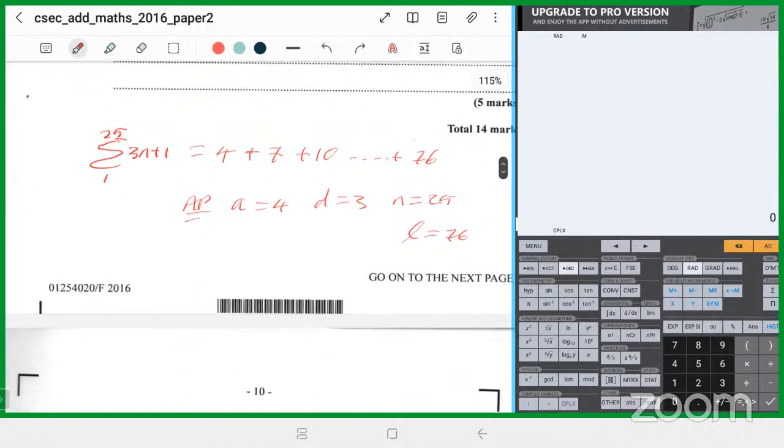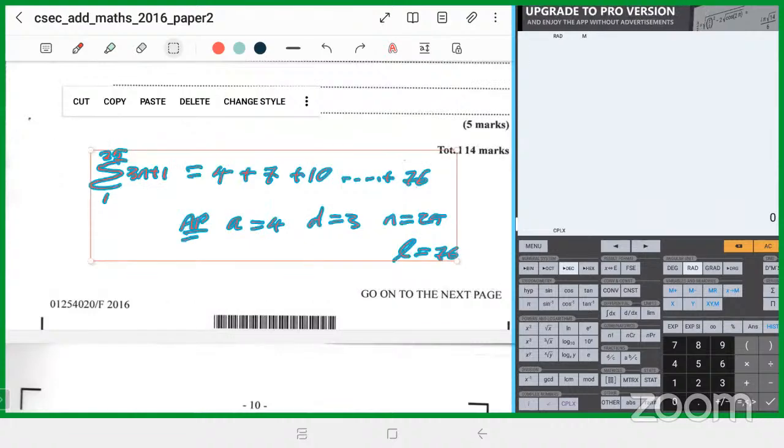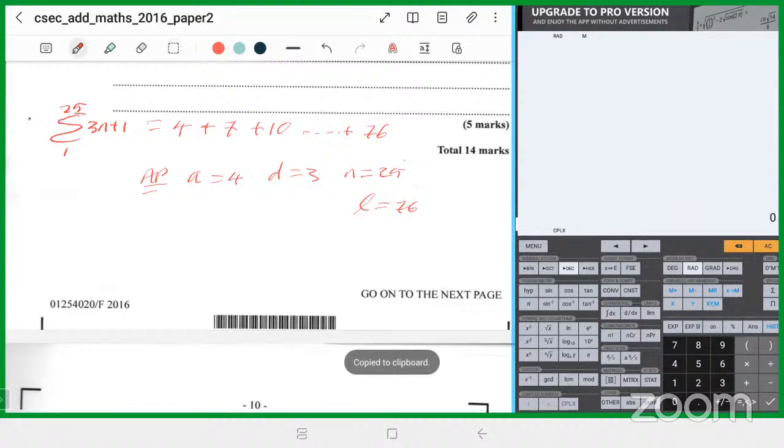So remember now that the sum, using the last term, becomes n over 2 into a plus l, which becomes 25 over 2 into a, which is 4, plus l, which is 76.